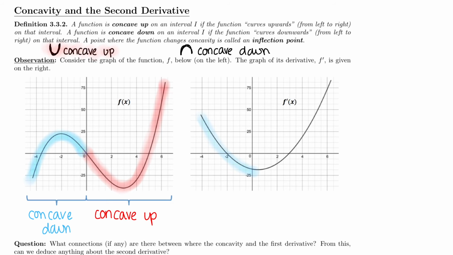So when f is concave down, f prime is decreasing. F prime is decreasing. When the graph is concave up, the derivative is increasing.